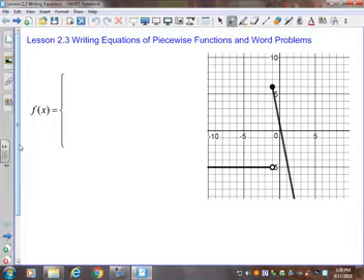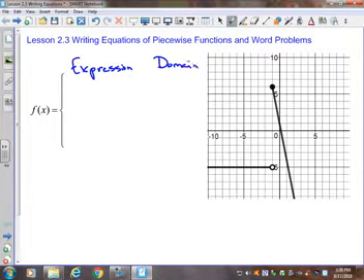So a piecewise function is made up of an expression, which represents linear, quadratic, exponential, whatever kind of graph you have, and a domain. We're going to start with domain because I think that will be easier to understand. So when I look at this graph, it has an open and closed circle, or any circles at all, on -1.